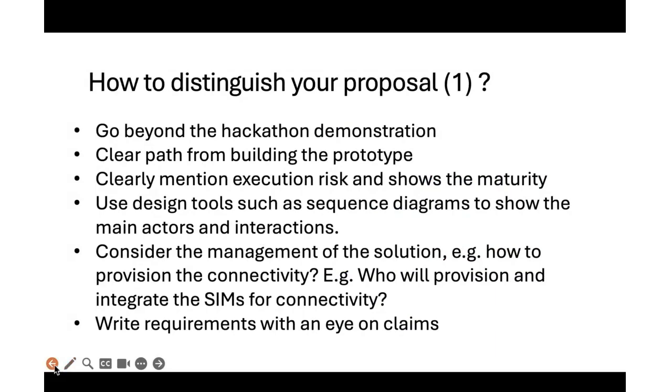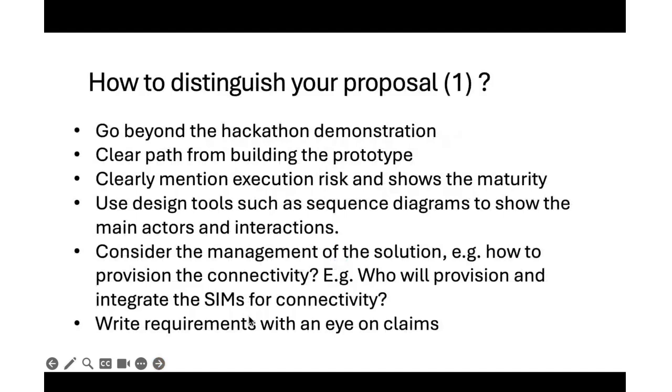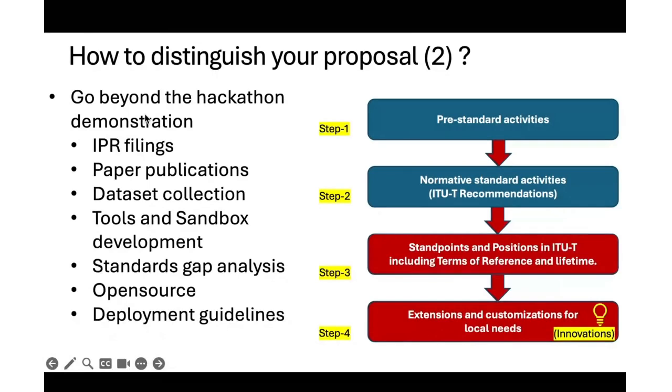Okay. So today I will be looking at these aspects. That is, how to distinguish the proposal. Under this umbrella there are several points that I have listed here. That is IPR filings. You have to mention this as part of your proposal.